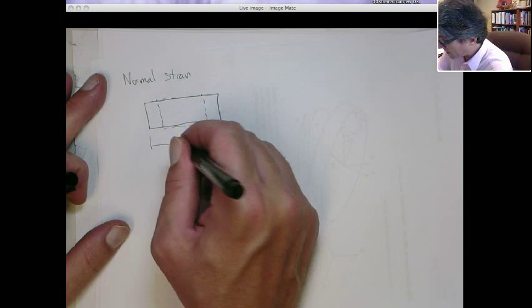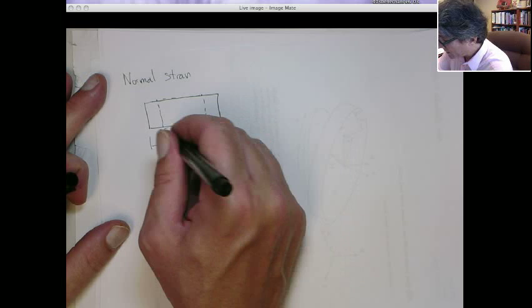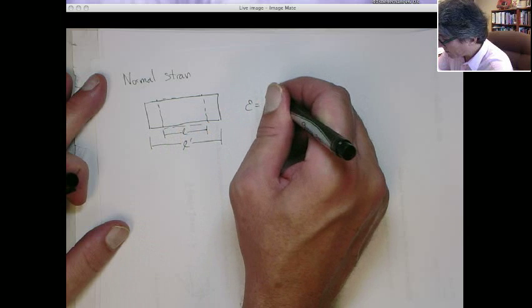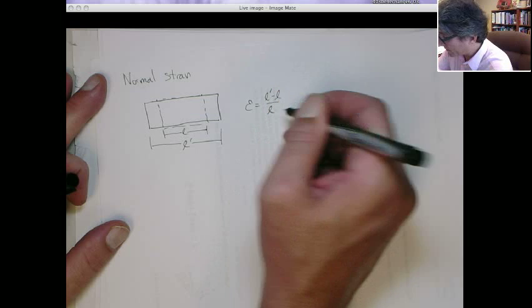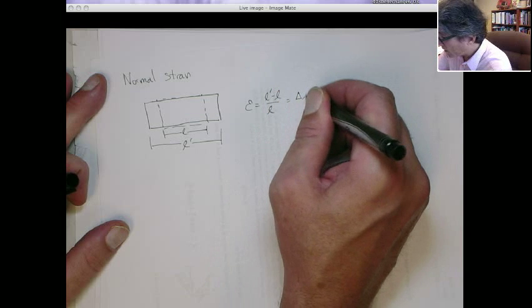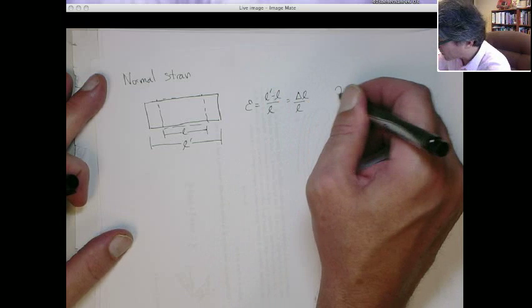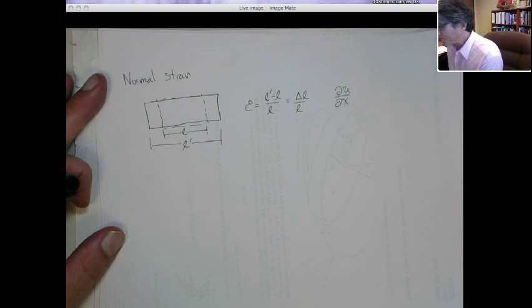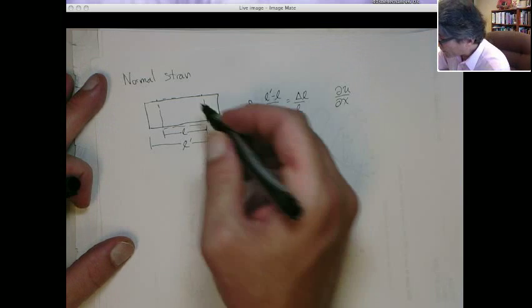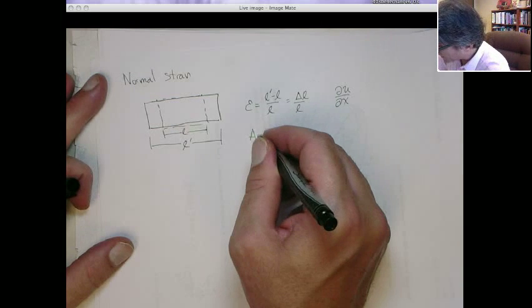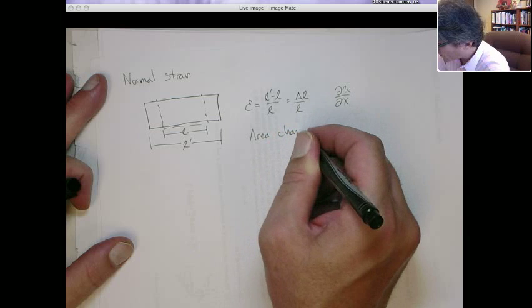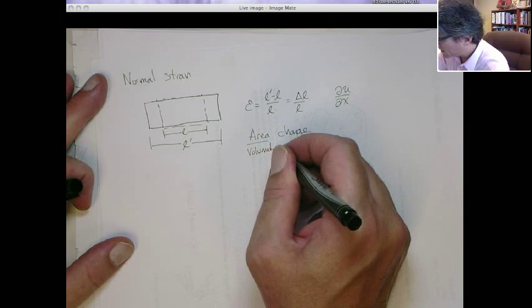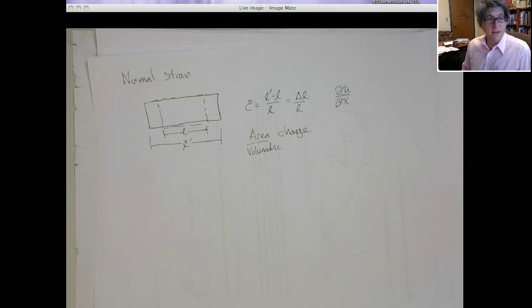This is L prime. This is L. And the normal strain is L prime minus L over L, the change in length over the original length, or in the limit, the change in the displacement with respect to x. The other thing to note is there's an area change associated with that, or volume change, really. You should call it volumetric. So there actually is a change in volume with that type of deformation.